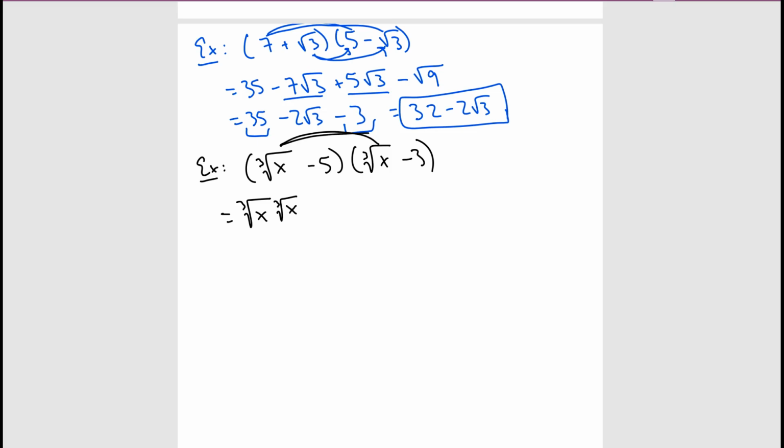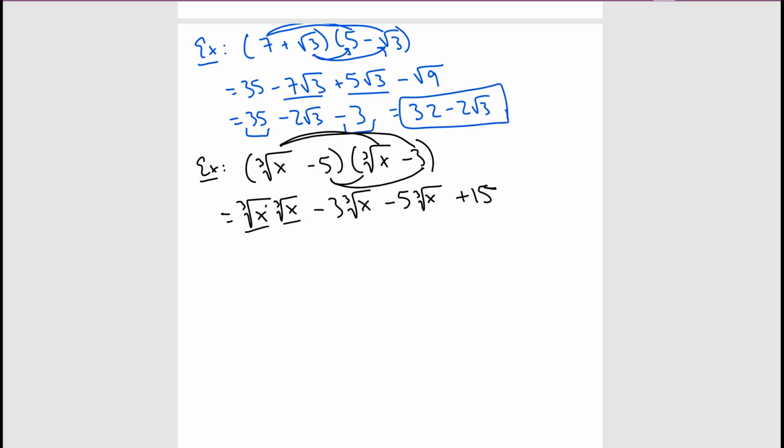Okay, now the second portion, which is this part, is going to be minus 3 cubed root of x. Okay. The middle part, minus 5 cubed root of x. And then the last one, negative 5 times negative 3 is going to give me a positive 15. Okay. Now notice here you have two of these.